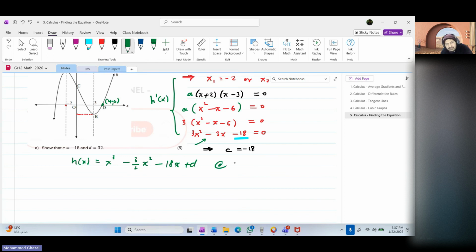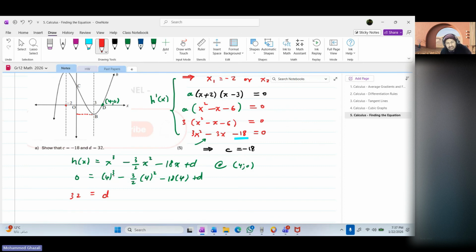So we're going to say at (4, 0), what's the y value? 0. That is 4 cubed minus 3 over 2 times 4 squared minus 18 times 4 plus d is equal to 0. So I'm just going to cheat here and say d is equal to 32.